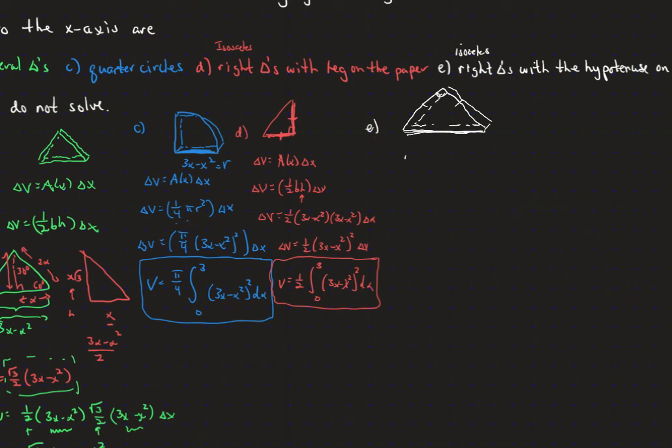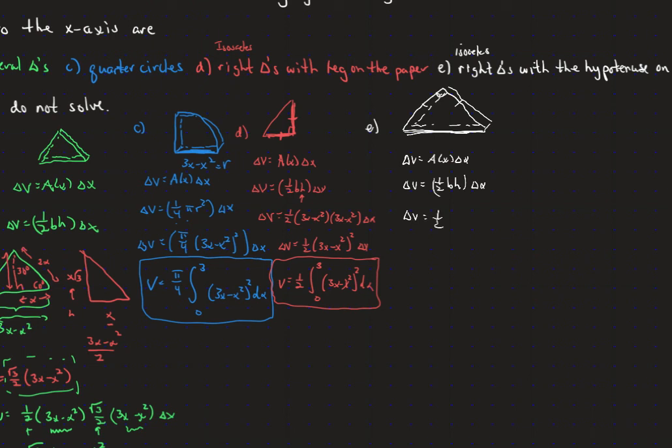So our delta volume is again going to be the area of the cross-sectional piece times delta x. So that's still going to be a 1/2 base times height times our delta x. And now on this one, we have our 1/2.